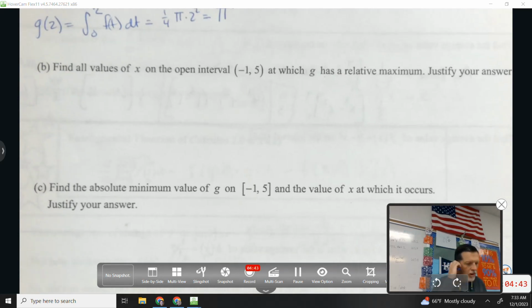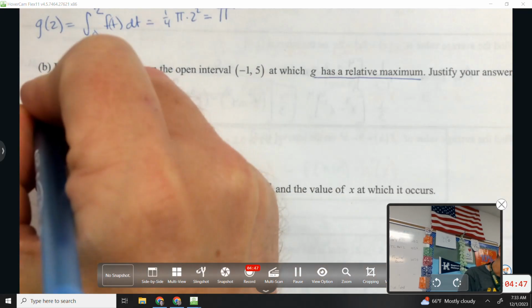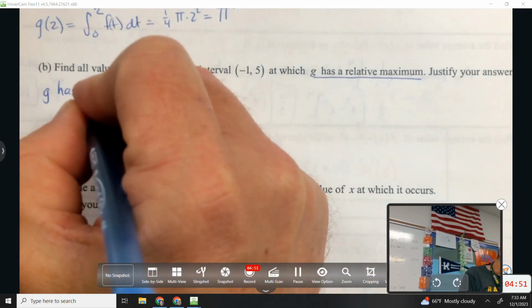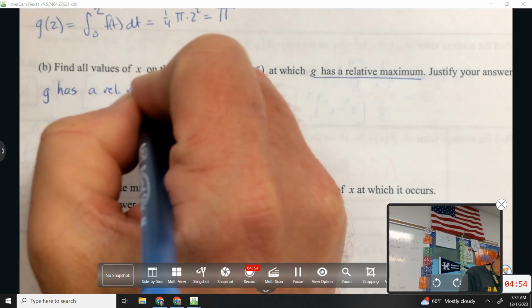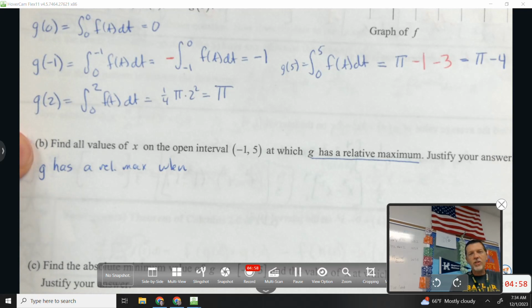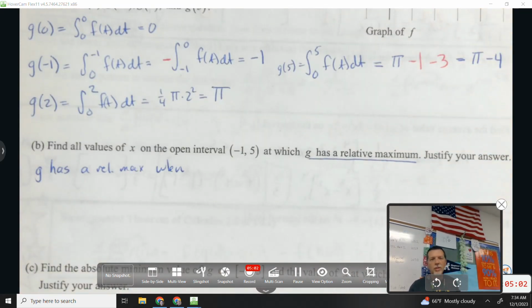Part B, find all values of x on the open interval at which G has a relative maximum. Justify your answer. Okay, justify first, right? G has a relative max when, so you can finish this statement without any regard to this problem or any other problem, how do you know when G has a relative max?